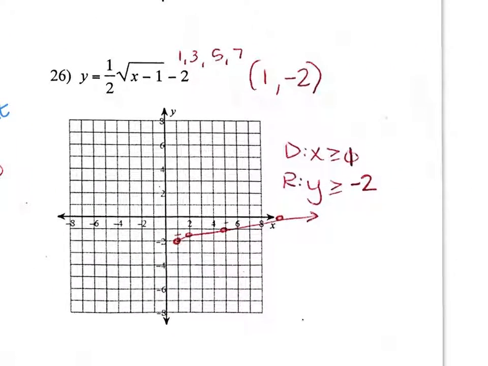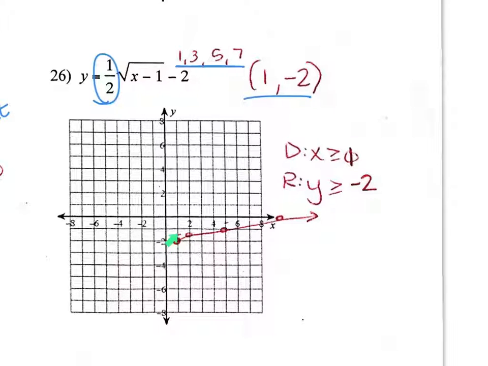Question 26. I noted my starting point. Inside's the opposite, outside's the same. I also noted for myself the pattern since it's square root. And the last thing I need to know is that I'm counting by 1/2 this time. So I'm going to start at +1, -2.